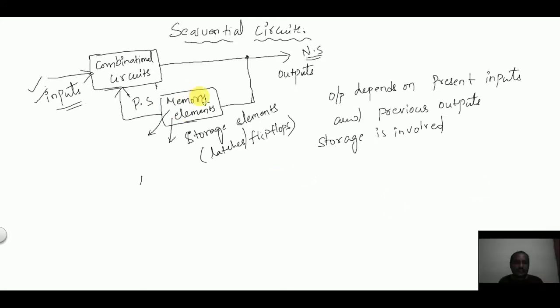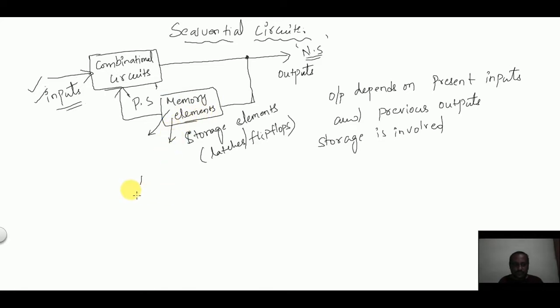Upon the application of inputs and a clock mechanism, you will get the next state, which also depends on the present state of the output. So this is called a sequential circuit.